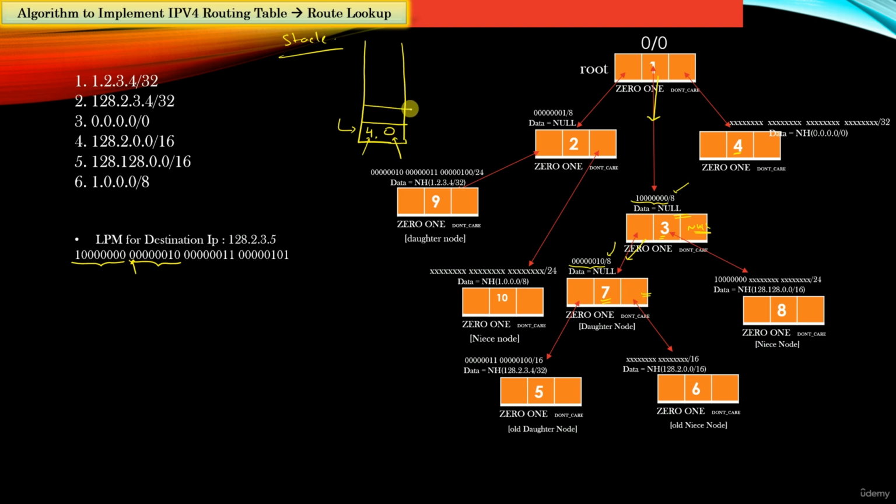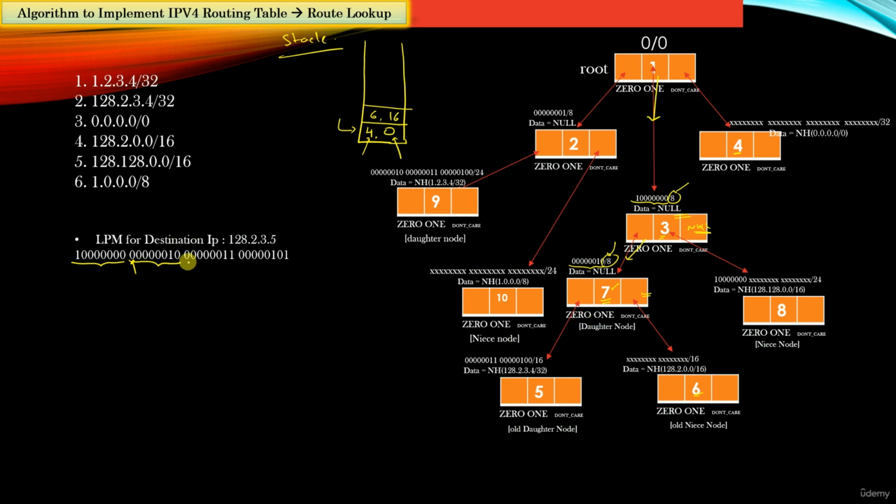So the don't care child of the node 7 is 6, that is the 6th node, and by the time we reach the node number 7, the total number of bits that we have passed on the input string is 8 plus 8, which is 16. So 16 bits of the input string have been successfully passed so far. And after making an entry into the stack, we will continue our search.